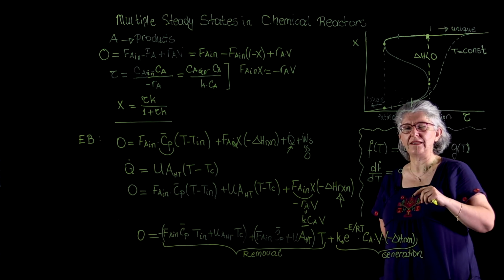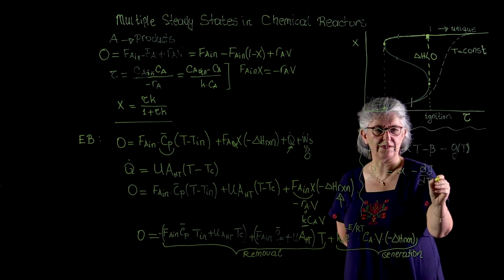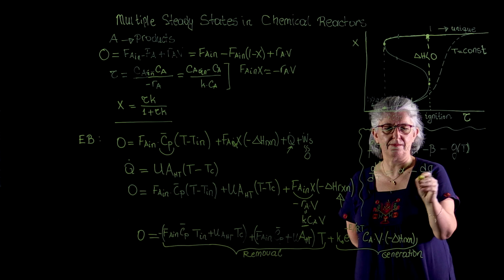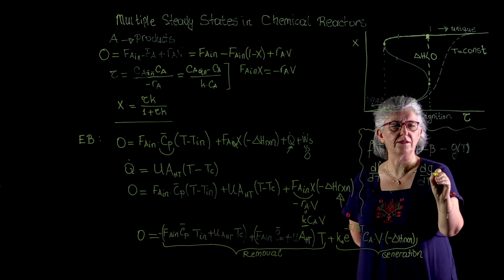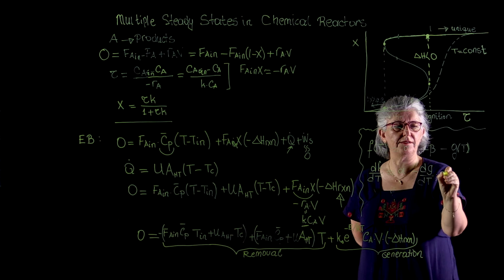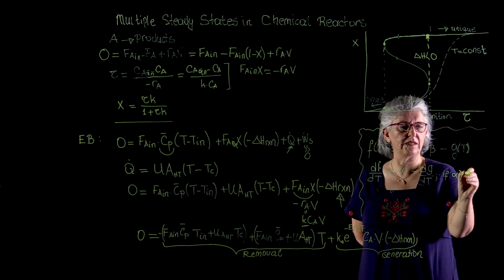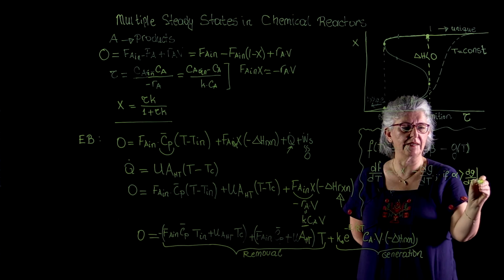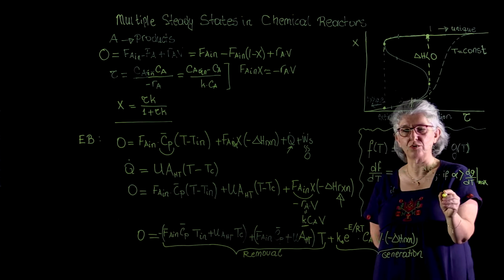So let us write the uniqueness condition here. If alpha is greater than dg over dT max, the maximum value that this term can take, then our solution is unique.